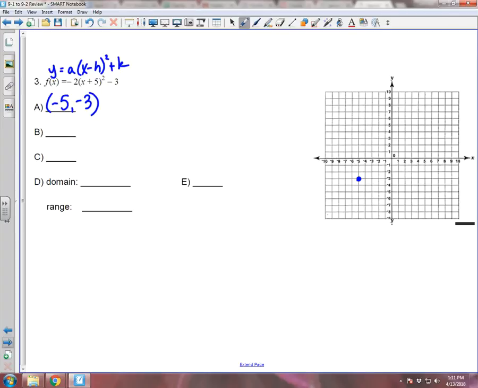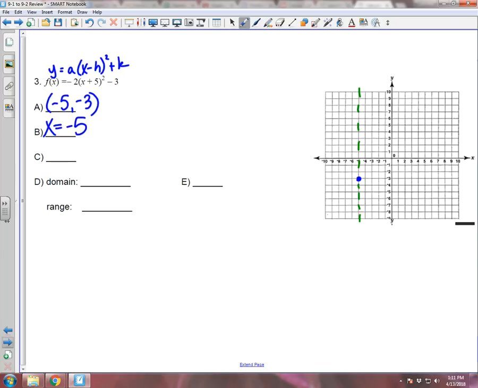Next up, I have an axis of symmetry, which is vertical, cuts it right down the middle. What is the equation of that axis of symmetry? X equals -5.